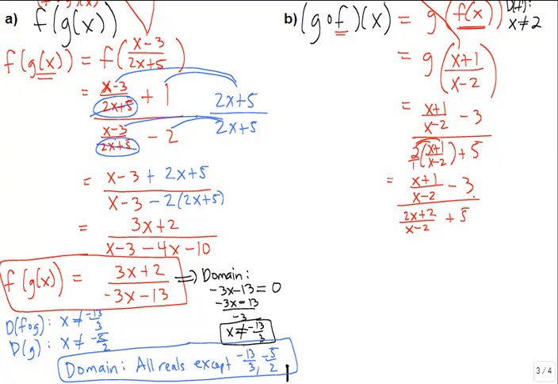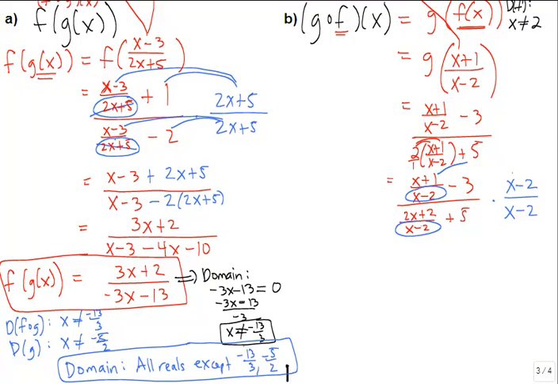Now it's still pretty messy because it's a fraction within a fraction, so to clean it up, we're going to perform our little trick of multiplying by whatever our denominators are. And our denominators are both x minus 2. So I'm going to multiply x minus 2 on the top and x minus 2 on the bottom.